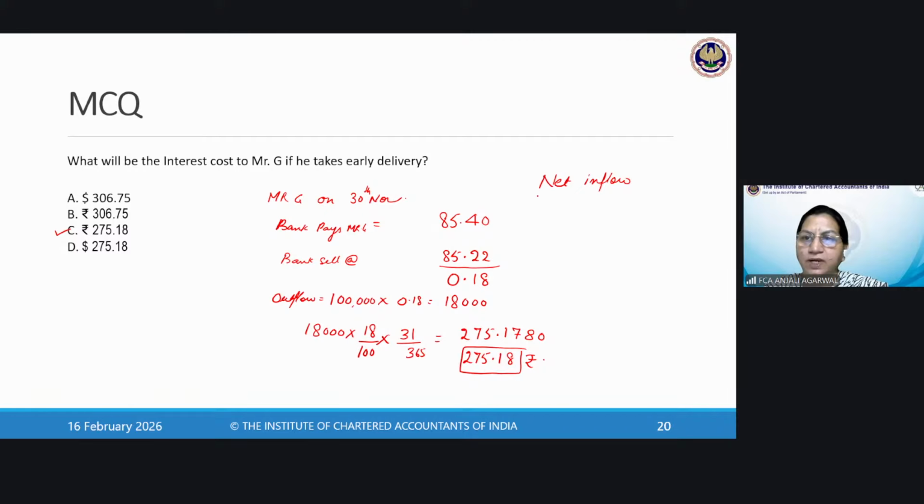1 lakh into 85.4, it's 85 lakh 40,000 minus 20,000 and minus 275.18.